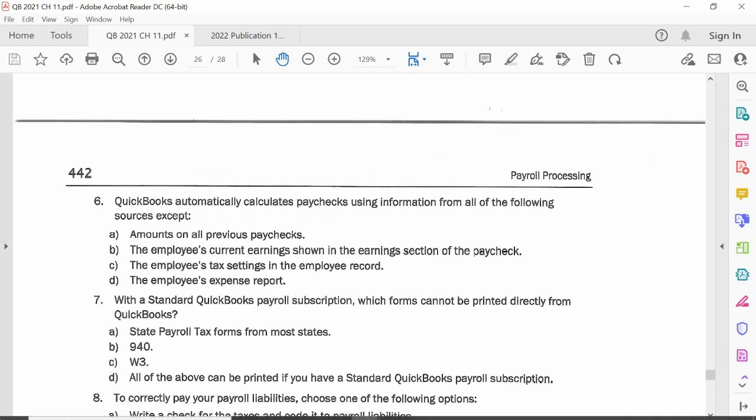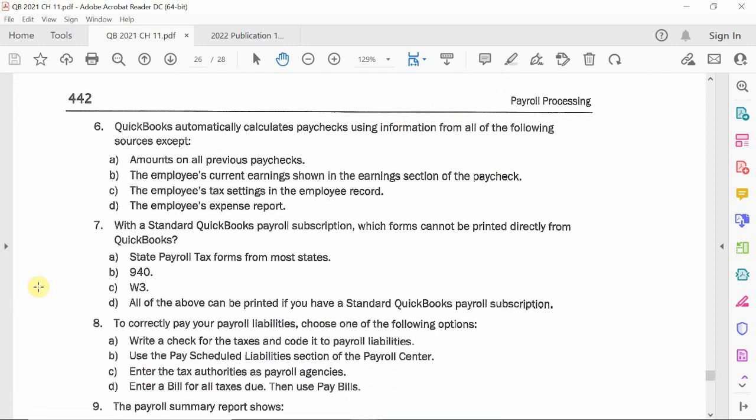Yes. Okay. Number 7, with a standard QuickBooks payroll subscription, which forms cannot be printed directly from QuickBooks?